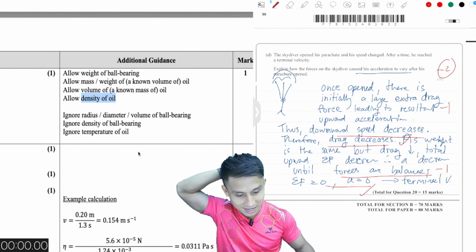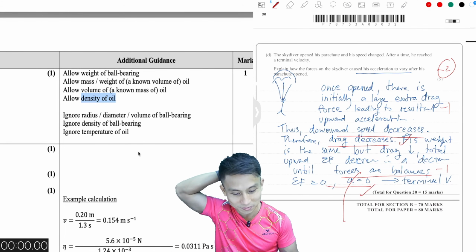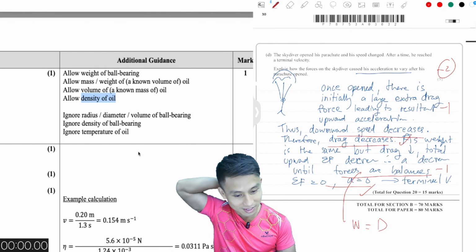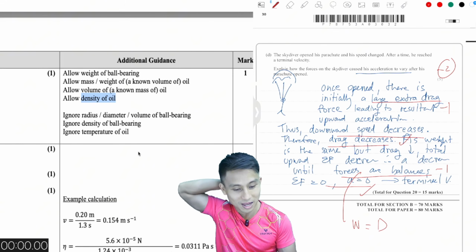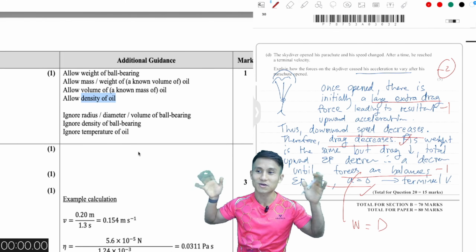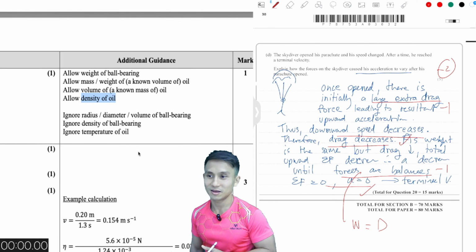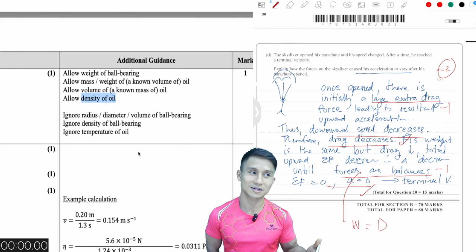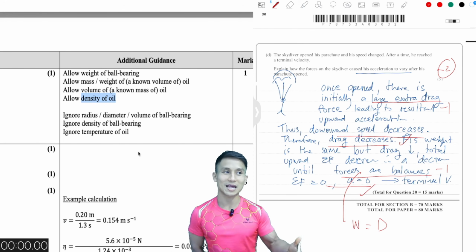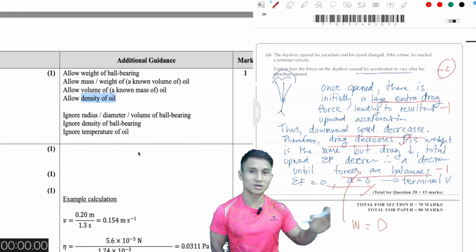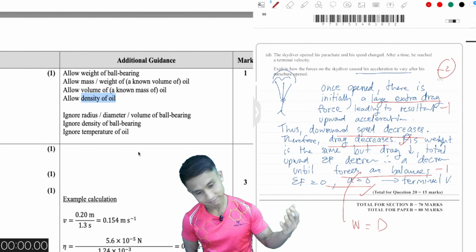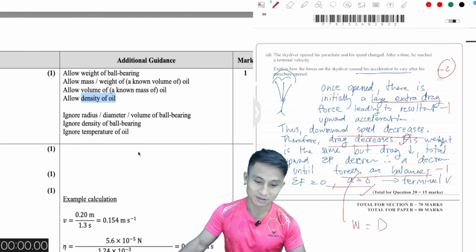When I say forces balance here, I should have said weight equals drag. And then this one, I only said large extra drag, but I should have said drag greater than weight. You see, I assume that by saying large drag, anyone would understand that drag is greater than weight. But no, you have to be explicit in physics. That's the nature of the paper.